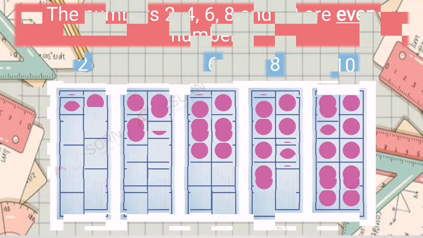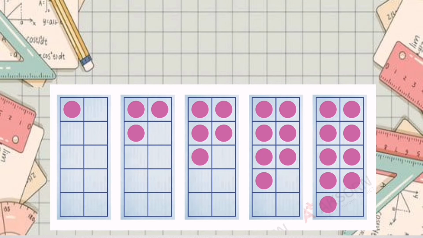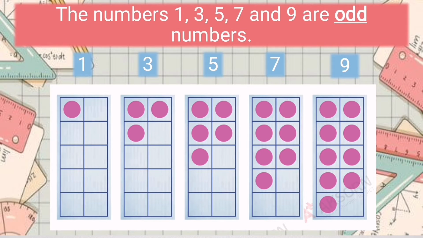Okay, so now let's move on to odd numbers. In this example, what is the number of dots on each card? The first card we have 1. And then the next card we have 1, 2, 3. So the next number is 5, 7, and then the last number is 9. So the numbers 1, 3, 5, 7, and 9 are odd numbers.